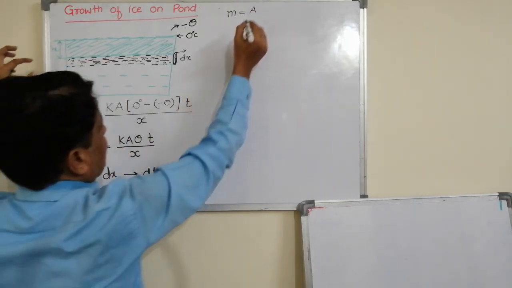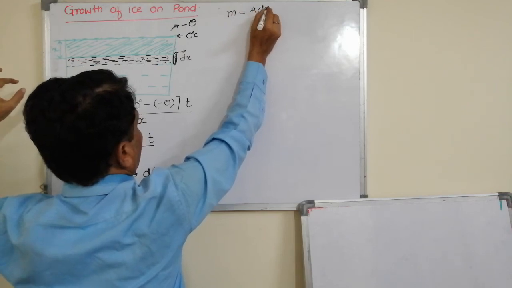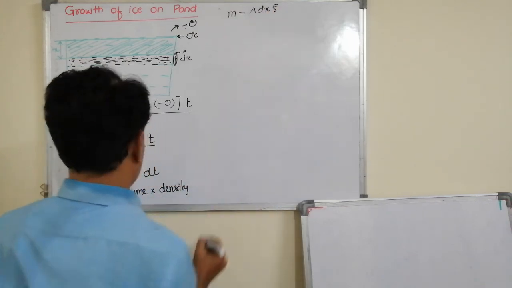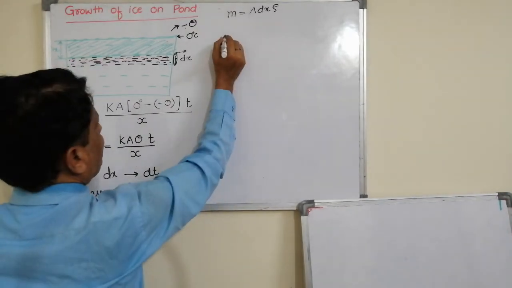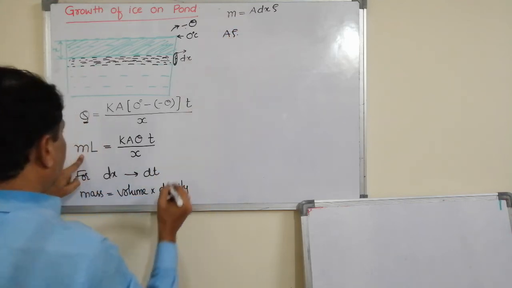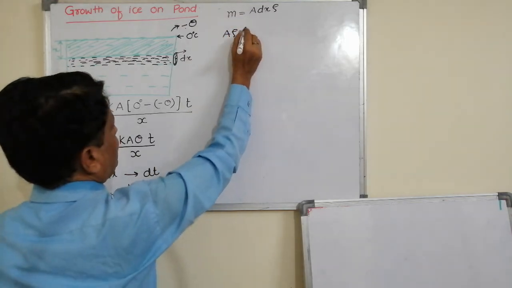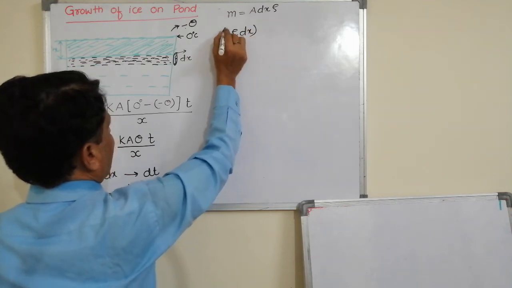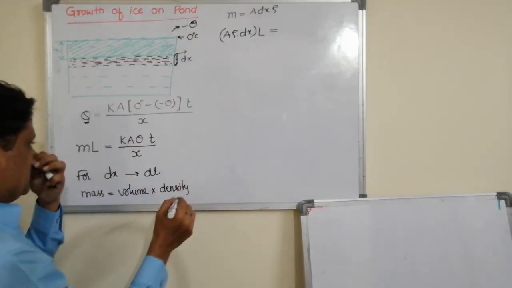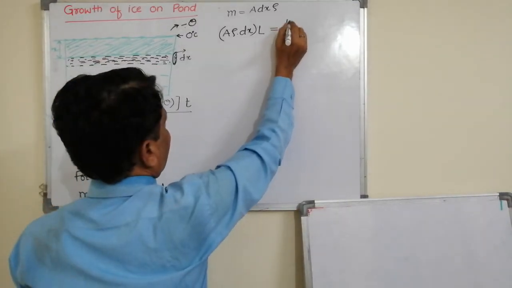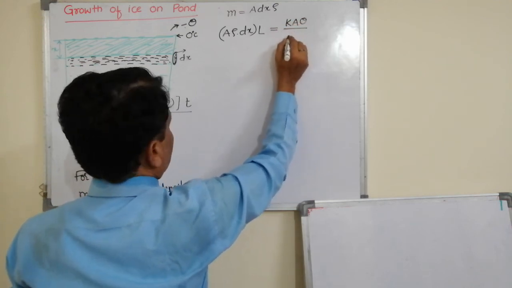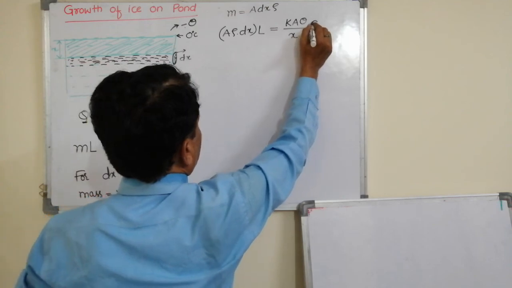Here length is dx, so area into length into density rho. Therefore I write A into rho into dx into latent heat L is equal to K A theta by x, and this time I am taking dt.